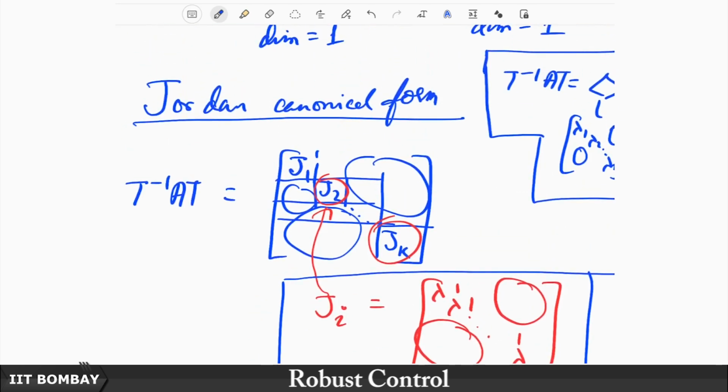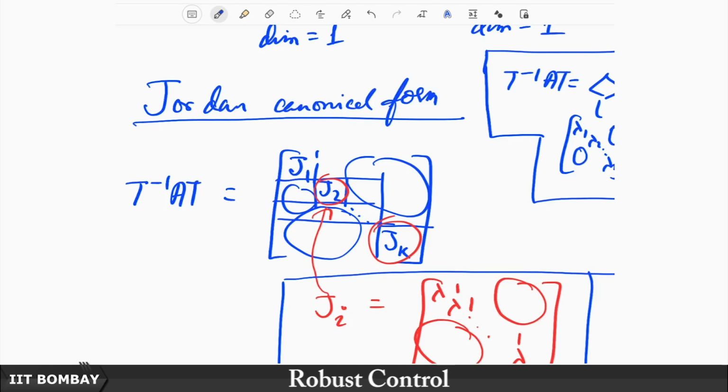By the way, before I forget, remember that when you are representing this in the Jordan canonical form, you might be tempted to think that J1, J2, and so on are all Jordan blocks corresponding to distinct eigenvalues, but I want to really emphasize that is not true at all. You could have the same eigenvalue throwing up multiple Jordan blocks of different sizes in the overall Jordan canonical representation.